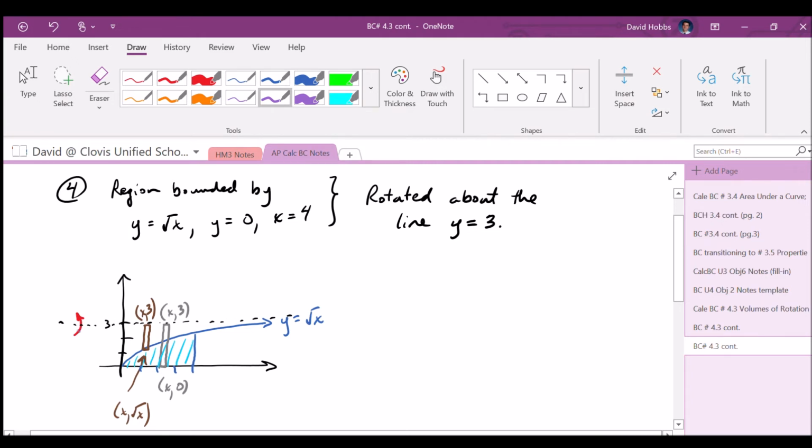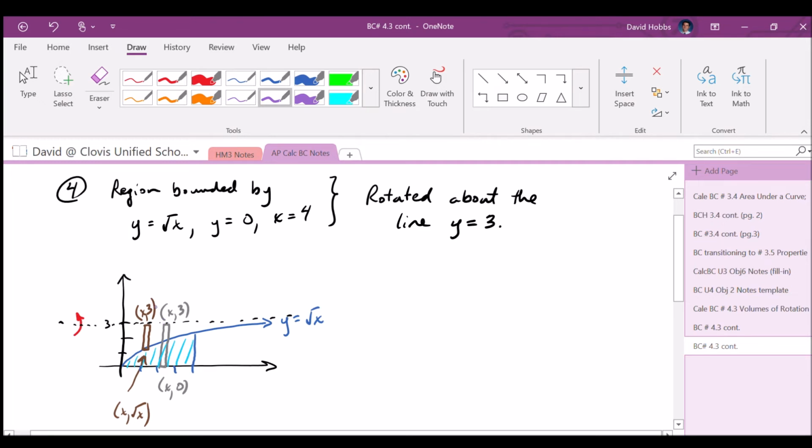So what do we notice this time? First off, we can get perpendicular rectangles, but the rectangles are not going to be touching the axis of rotation, at least not within the region.